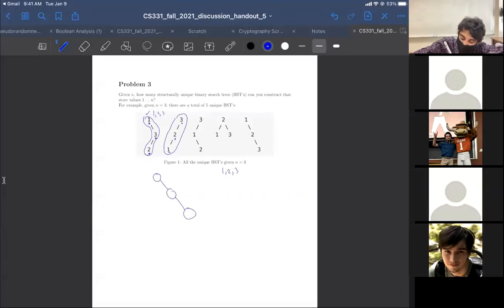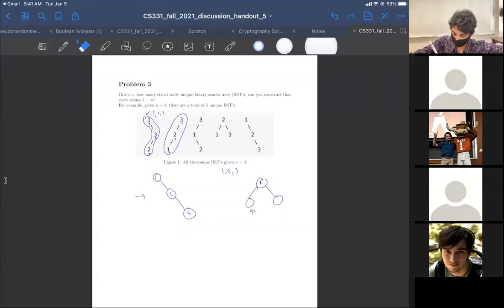So if I tell you that the binary tree looks like this, then the only binary search tree that comes out of this is this one. If I tell you the binary search tree looks like this, well, let's just think about it. Can 1 go over here? Well, no, because we can't put 2 over here because it's to the left of 1, right? No value to the left of a node in a binary search tree can ever be greater than it.